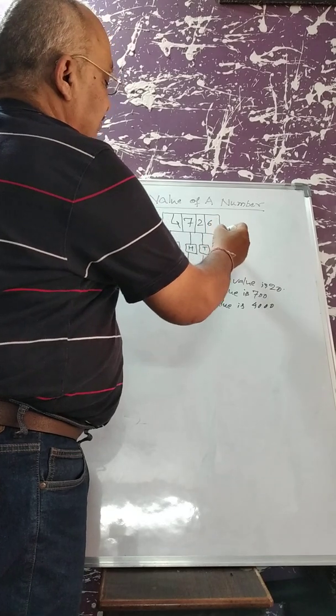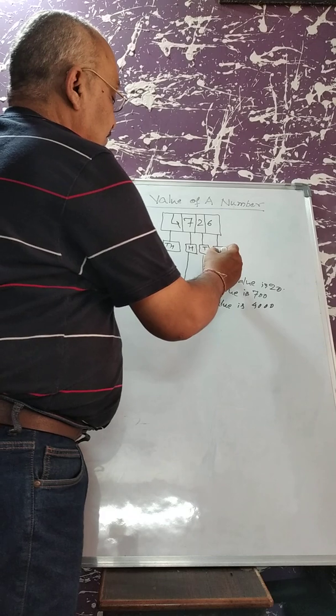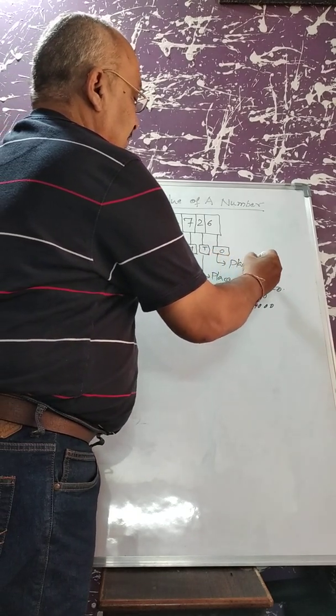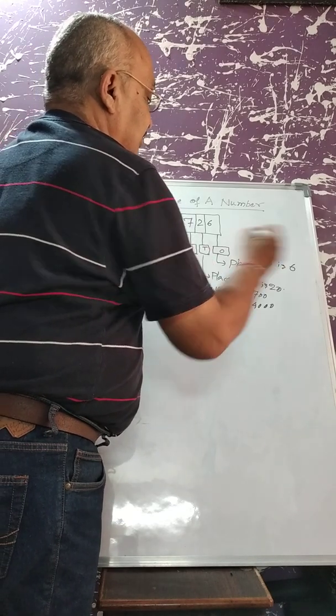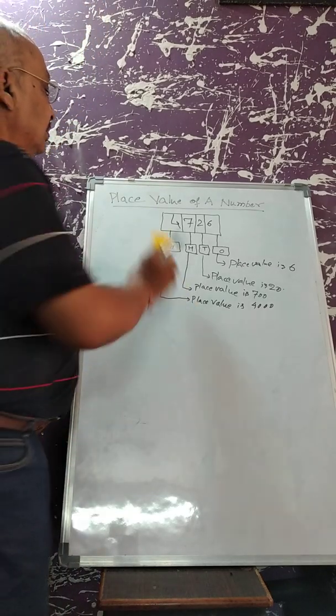Here, at the place of ones, the digit is 6. So its place value is 6. Okay.